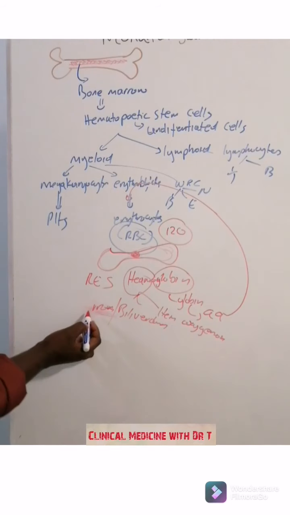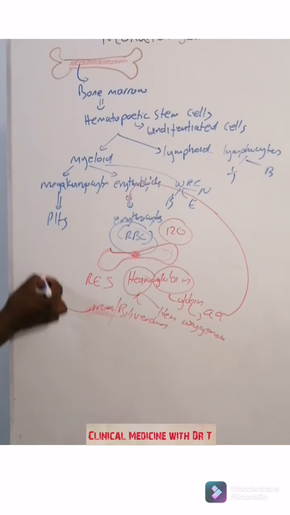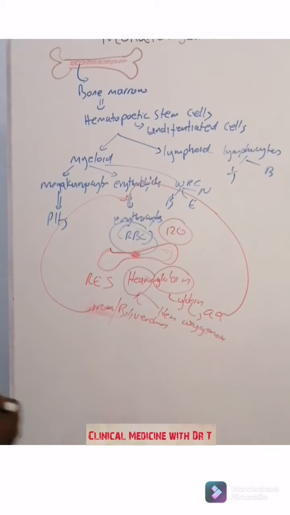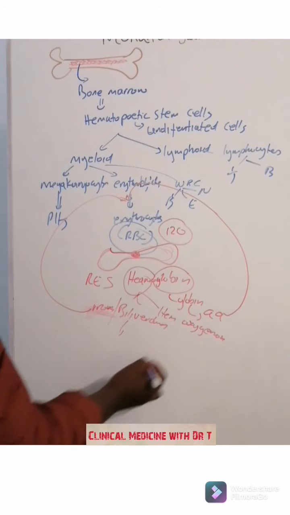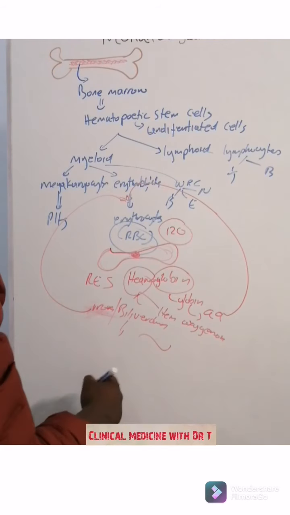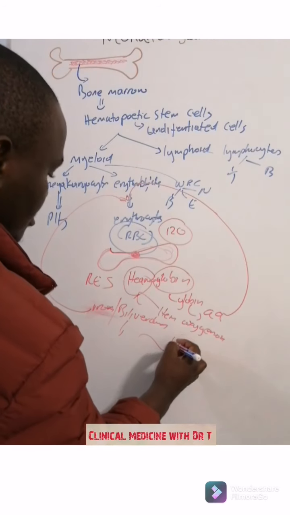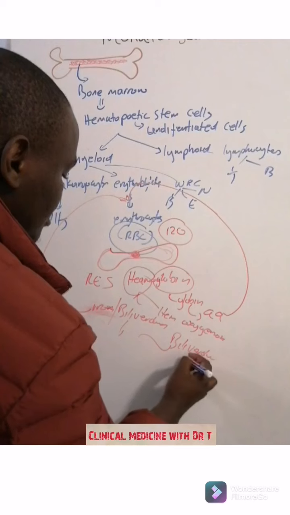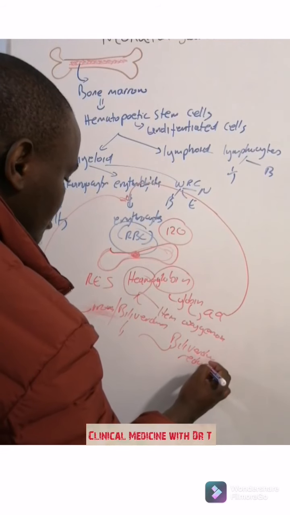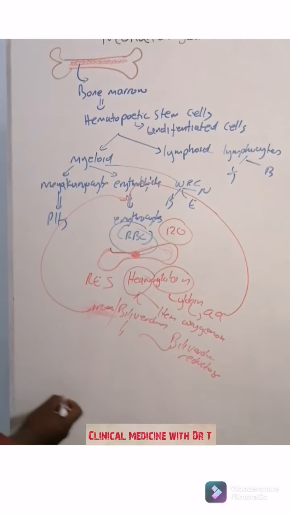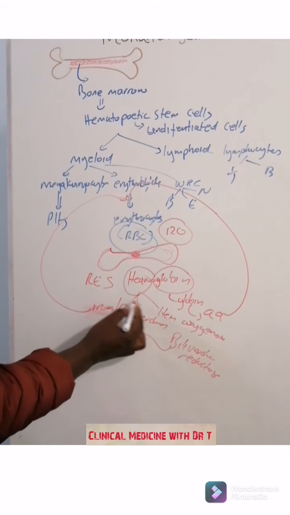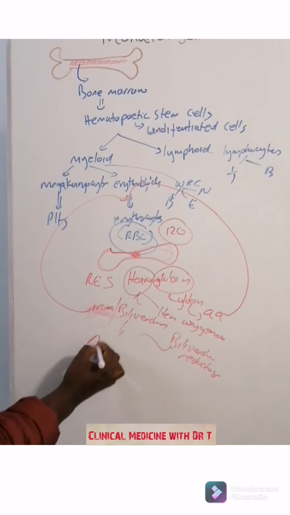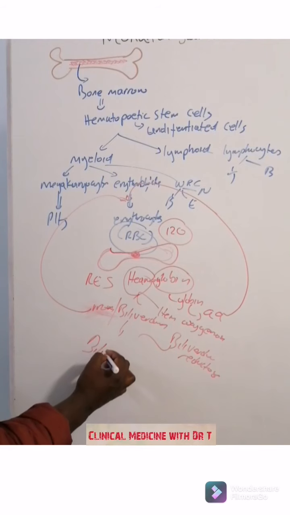And then the iron will be taken back to take part in erythropoiesis once more, so it's not wasted. Then for the biliverdin, there's another enzyme called biliverdin reductase, and that enzyme is going to convert biliverdin into bilirubin, unconjugated bilirubin.